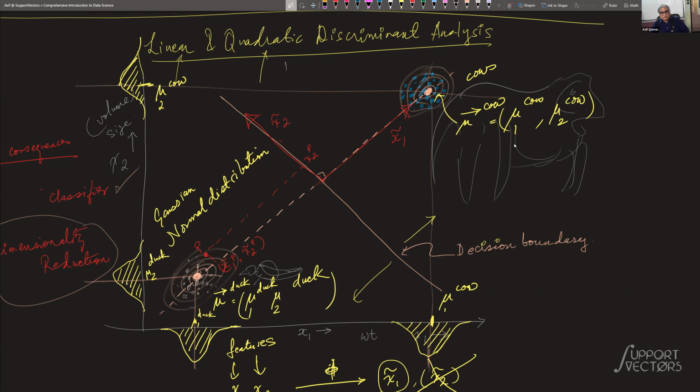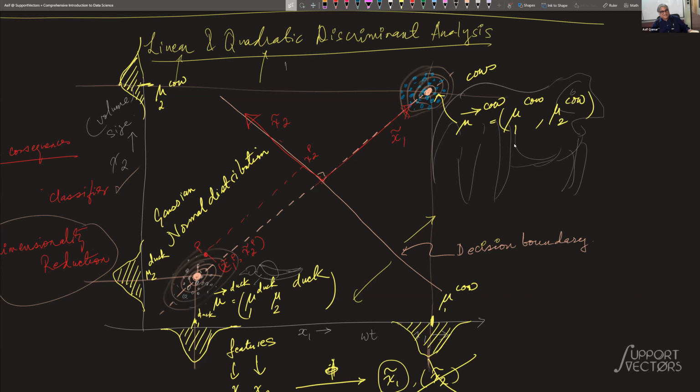data set, most of the ducks are small and light. So they will be clustered around the bottom left-hand corner where you see the ducks. Right? And most of the cows would be clustered around the top. Those blue dots at the top right-hand corner are the cows. They're big and heavy creatures.